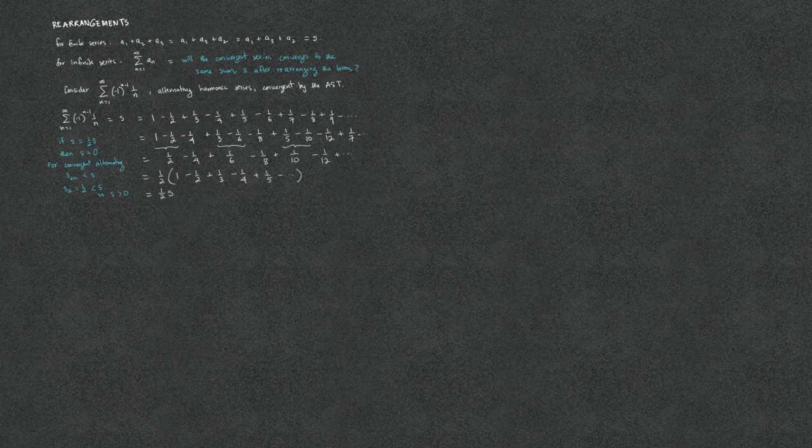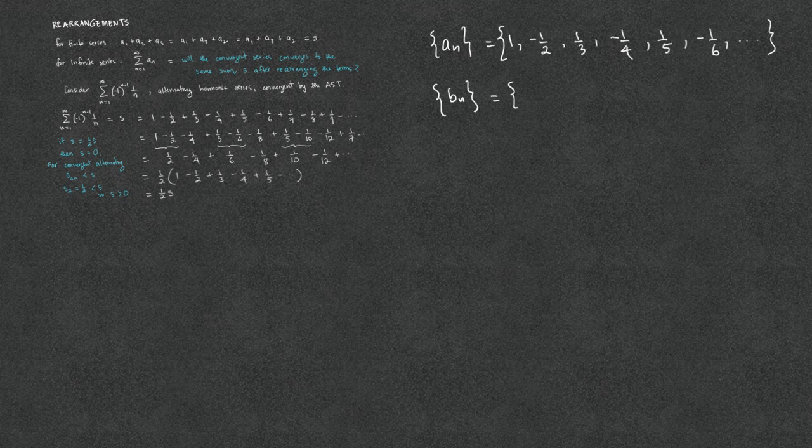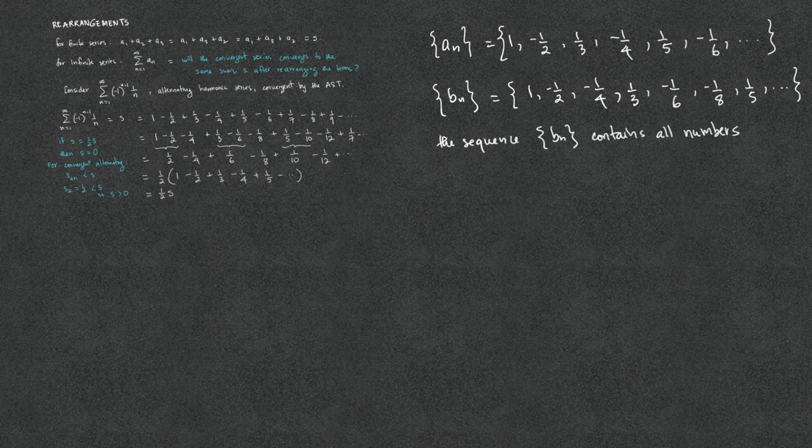This means the operation that is valid for the finite sum is not necessarily true for the infinite sum. And so we start with the sequence a sub n to form the series, and we form a new series using b sub n. It is true that b sub n contains all of the terms in the sequence a sub n, and there is a one-to-one correspondence as well.